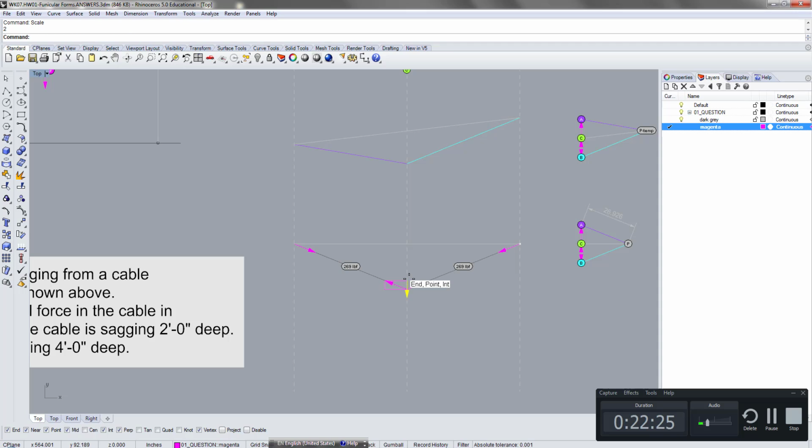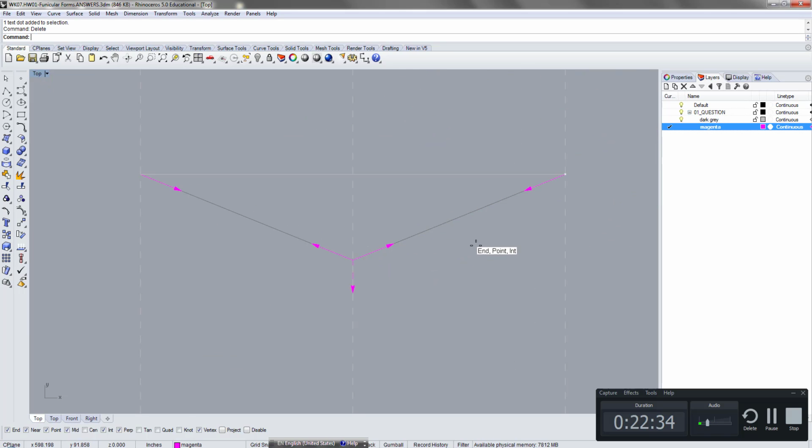Don't worry too much about what I'm doing right now. Let's forget about this number, but let's imagine there's this simple cable here and it's hanging from the wall.